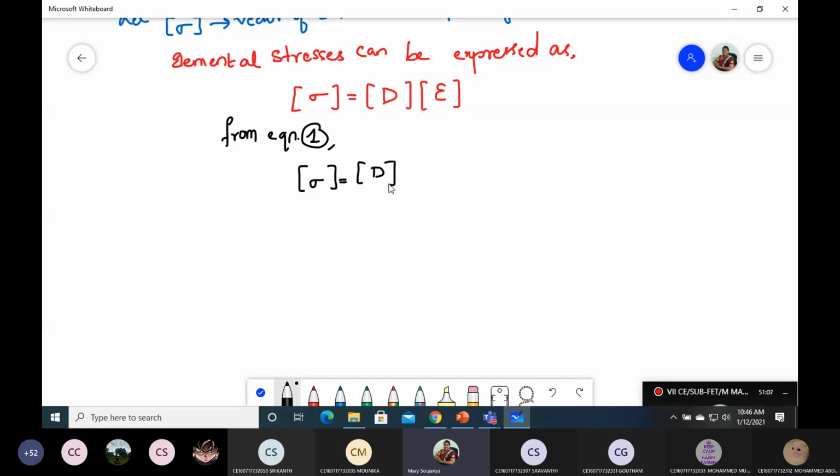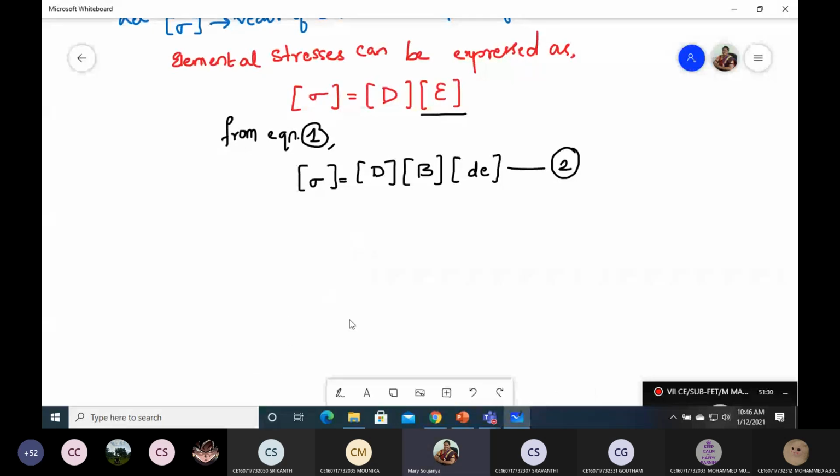D matrix. What is epsilon from equation 1? It is B matrix into DE. So let us take this as equation number 2. Did you understand what we did? We just substituted the value of epsilon from equation number 1.